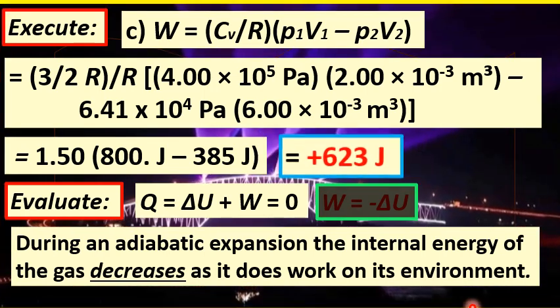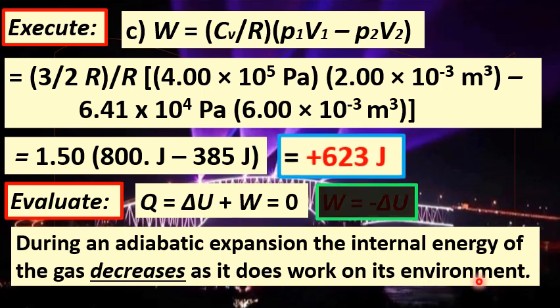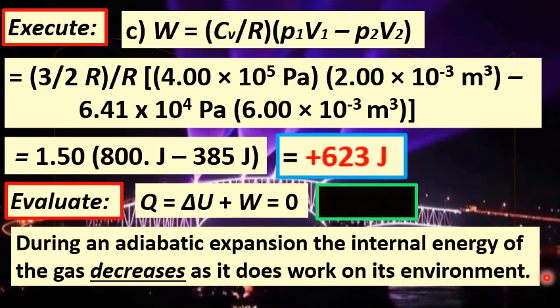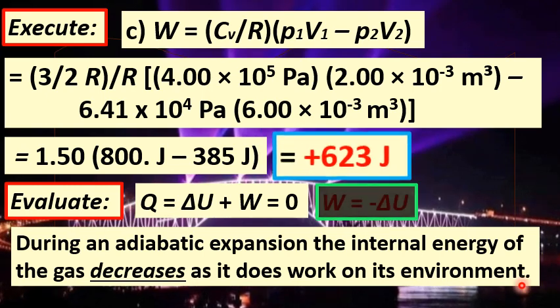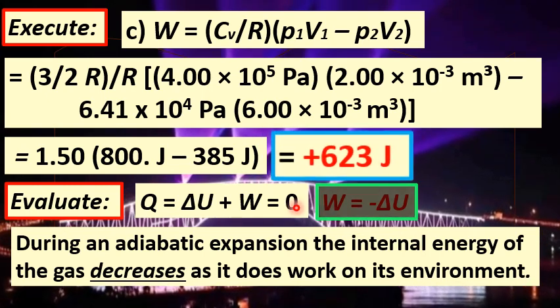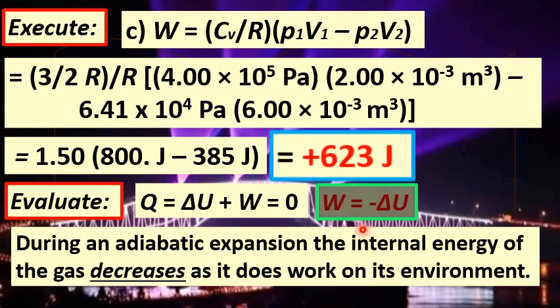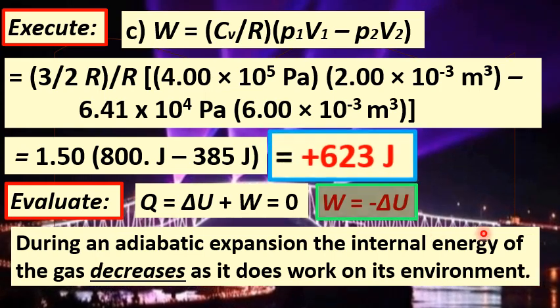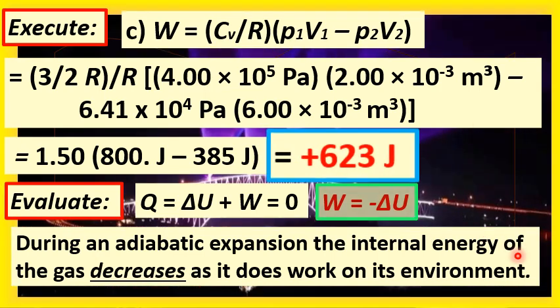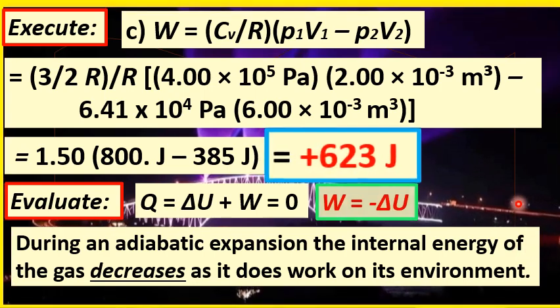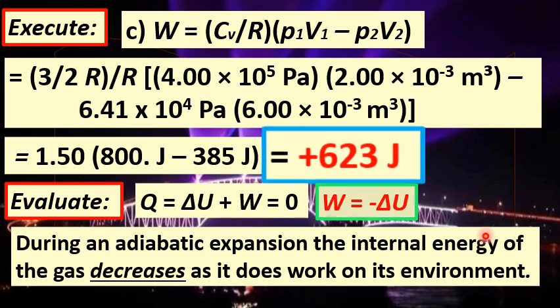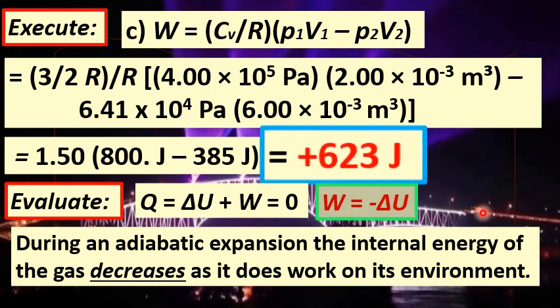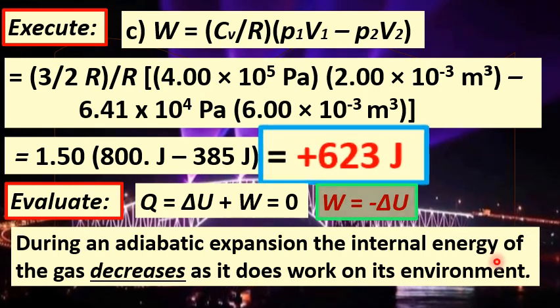So the system or the gas is doing work on its environment or surrounding. So the result is a decrease in the internal energy of the gas, which is also associated with a drop in its absolute temperature.